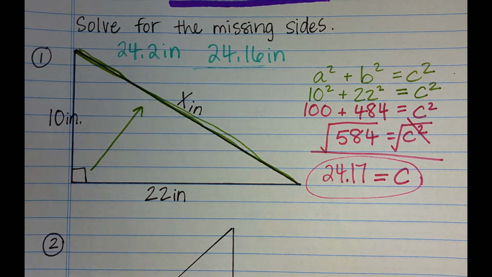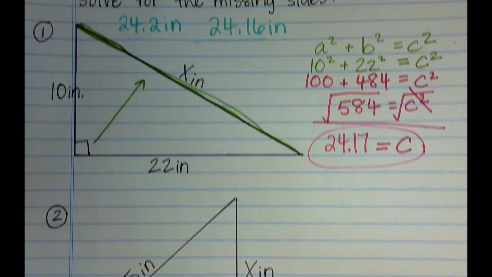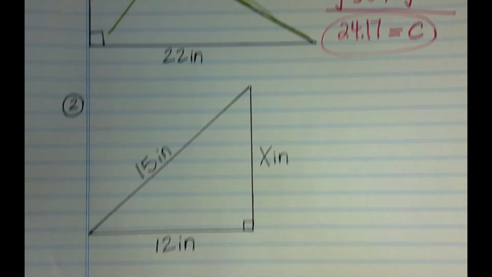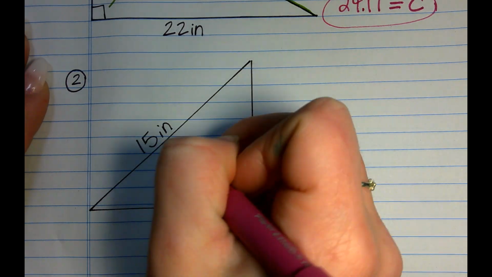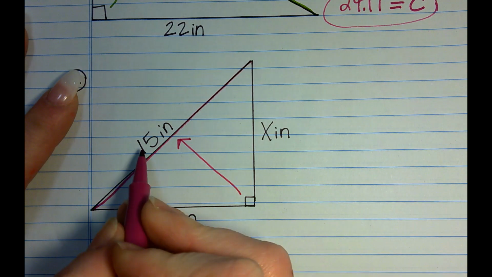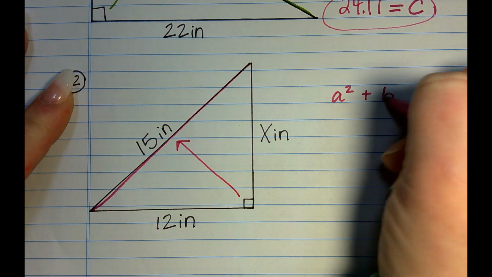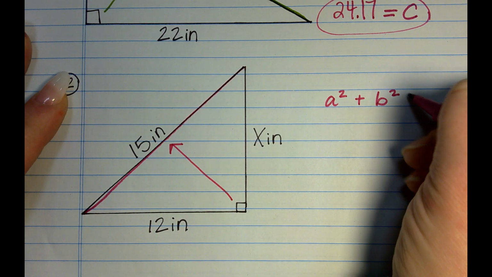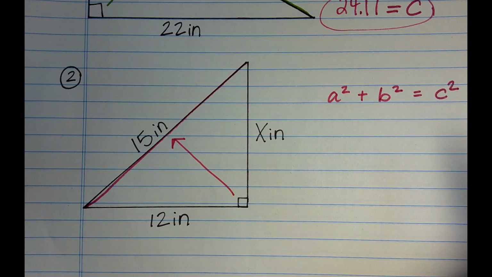All right. Any questions about number 1? Ready for number 2? Let's decide first, what is my C? Which side? 15. Thank you. 15 is right across from a 90-degree angle. This is my hypotenuse, so 15 has to be C. So I'm going to rewrite this: A squared plus B squared equals C squared.